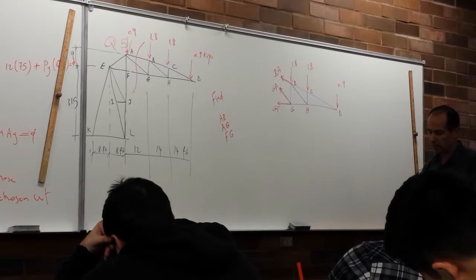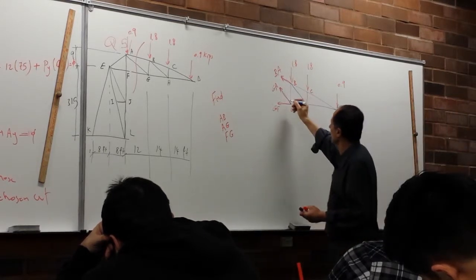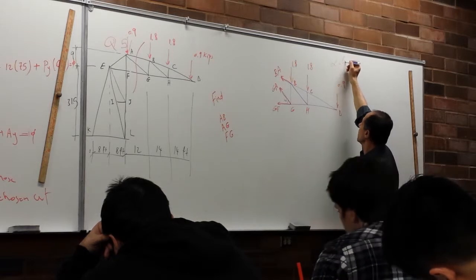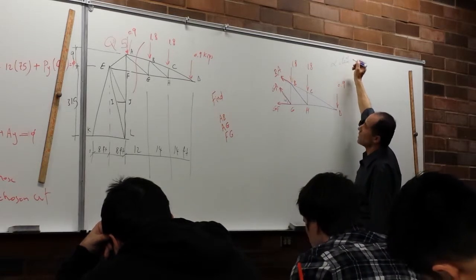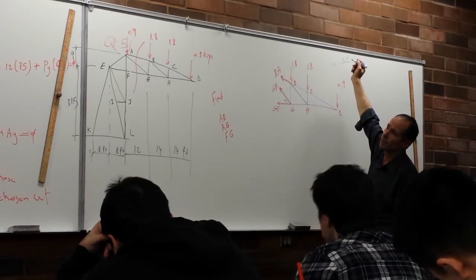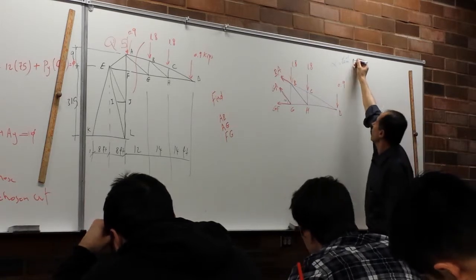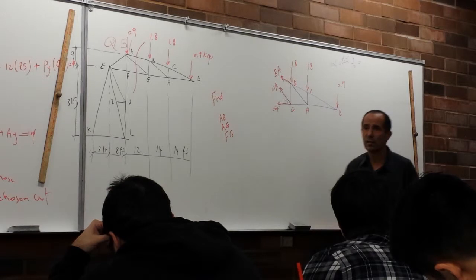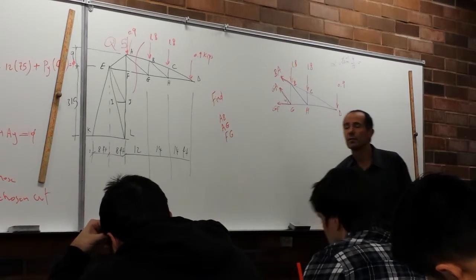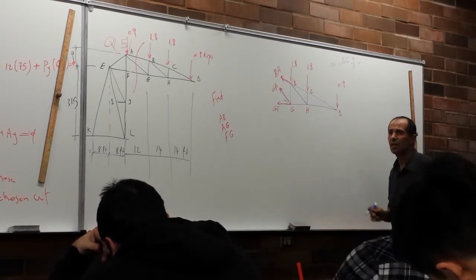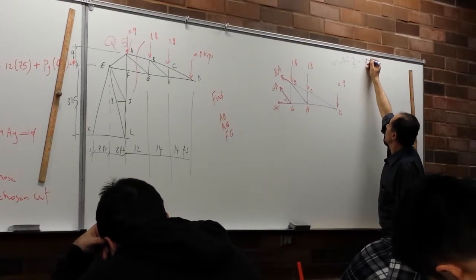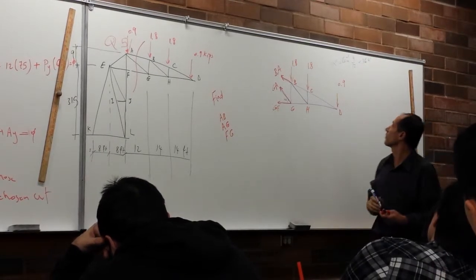We need one angle. This angle here is alpha, and alpha equals arctangent of 9/12. Agree? 36.8 or 36.9? 36.9 degrees.